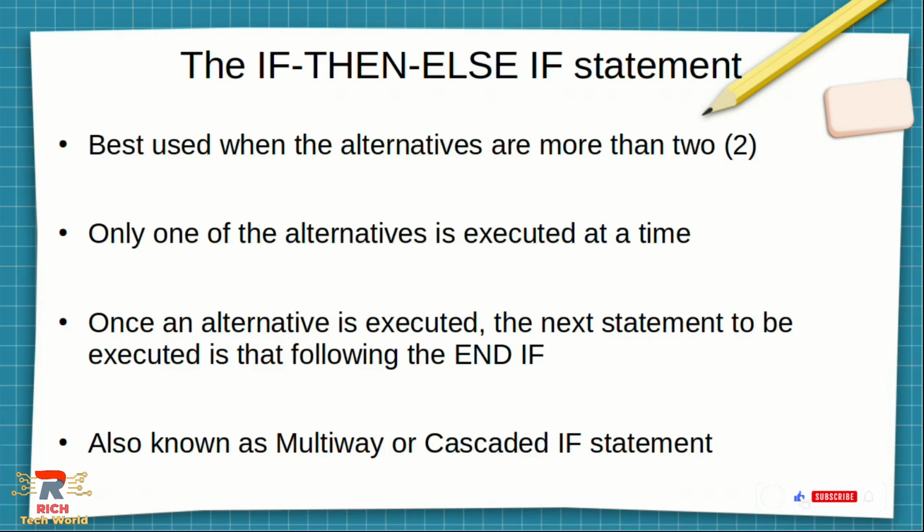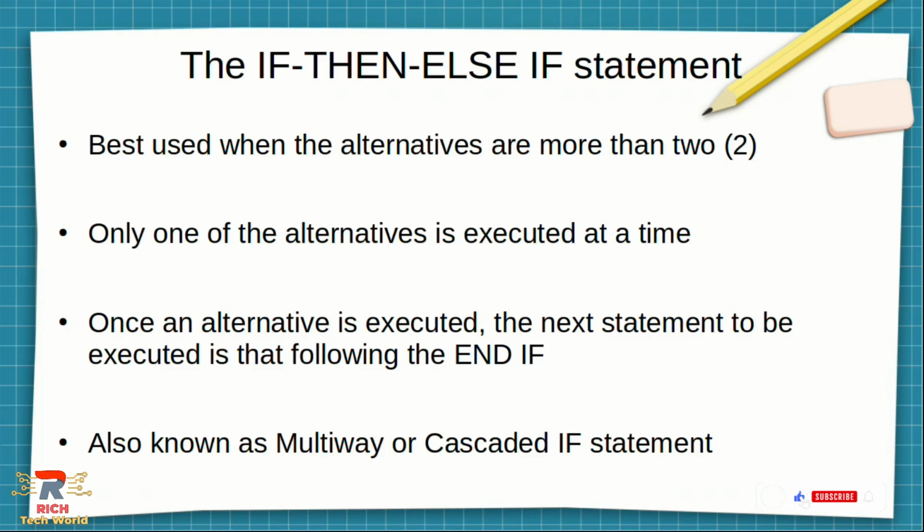This statement is best used when the alternatives are more than two. We realize that the previous statement is for when the alternatives are exactly two, the courses of action are exactly two. But this time around, if the courses of action are more than two, you use the if then else if statement.